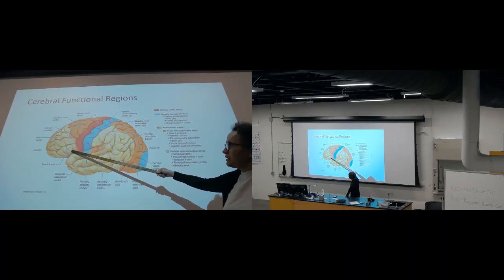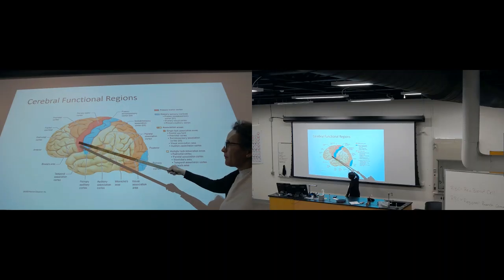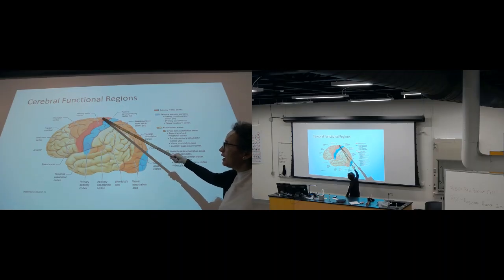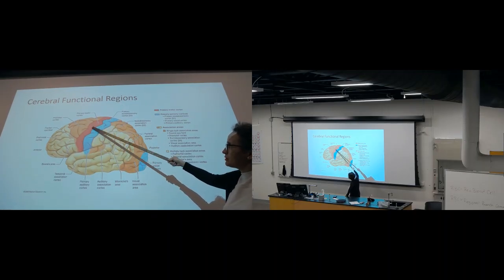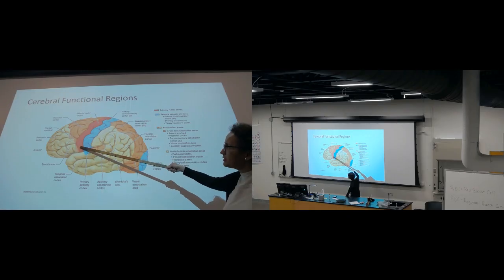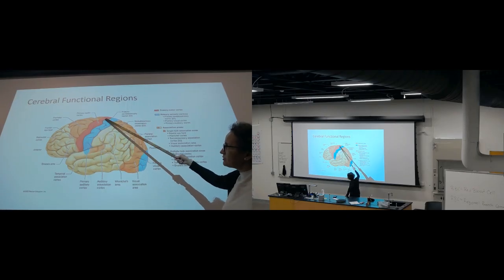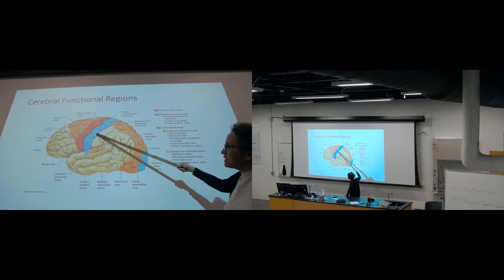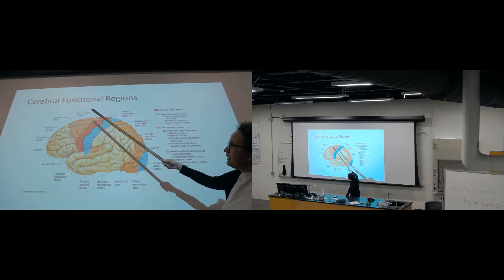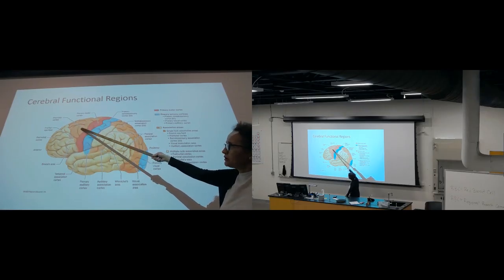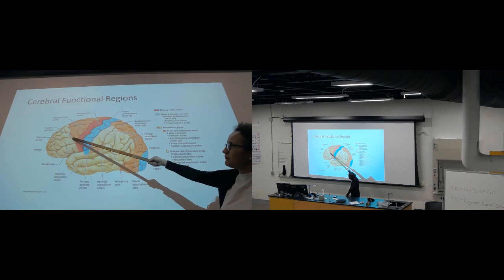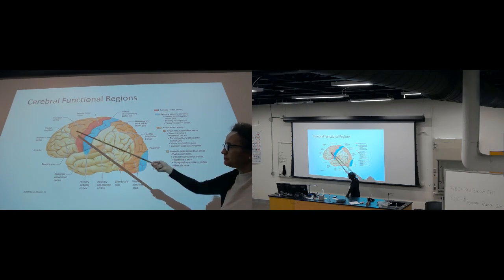So here we have Broca's area. And then here we have the primary motor cortex. And this is the central sulcus, then the primary somatosensory cortex. And anterior to the primary motor cortex, we have the premotor cortex. And then here we have the frontal eye field.